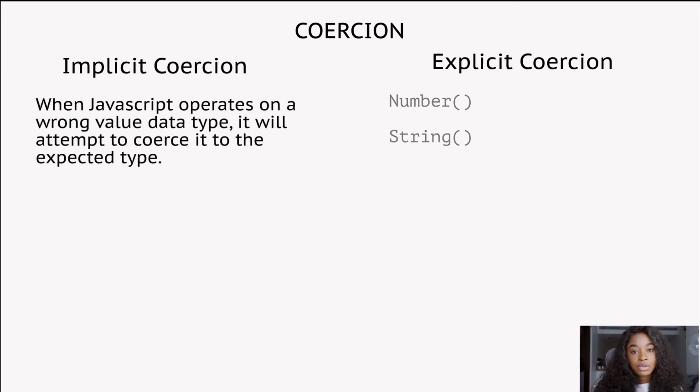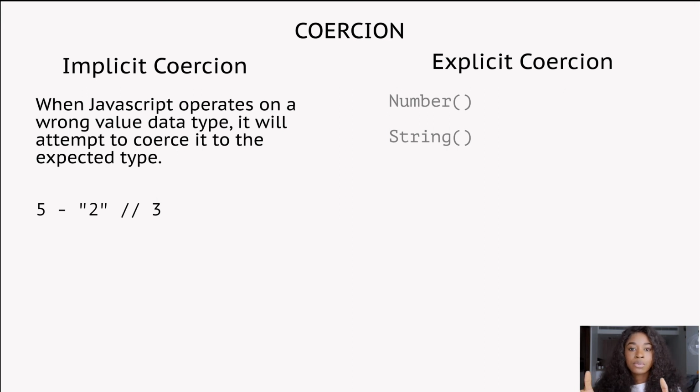So for implicit coercion, if we're trying to, for example, subtract a string 2 from a number 5, JavaScript sees that you're trying to perform a numeric operation and automatically converts the string 2 to the number 2, and then subtracts 2 from 5, and that gives us 3.